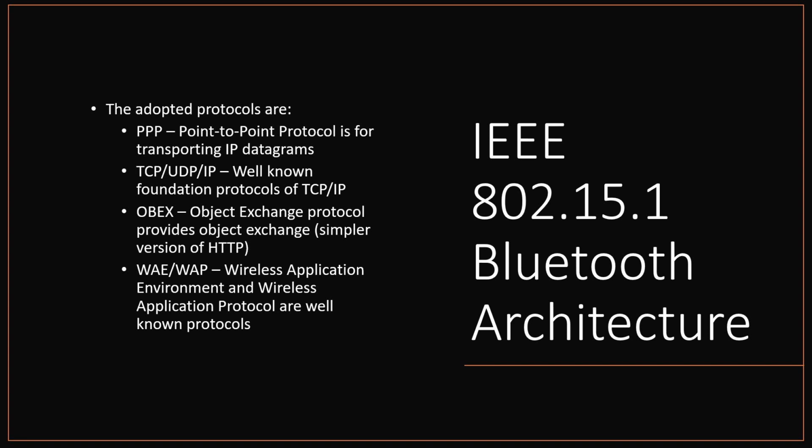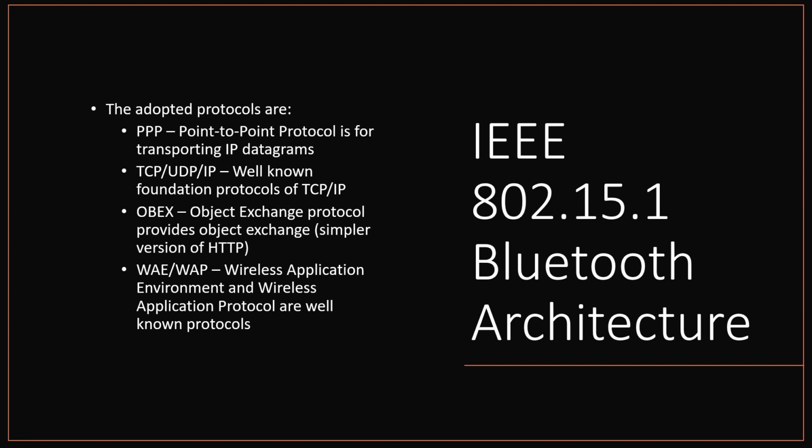The next is OBEX, or Object Exchange Protocol, which provides, let's say, object exchange, and it's actually a simpler version of HTTP, but OBEX is much easier to use compared to HTTP, because Bluetooth devices tend to be much smaller compared to PCs and other devices which can use HTTP to its fullest extent.